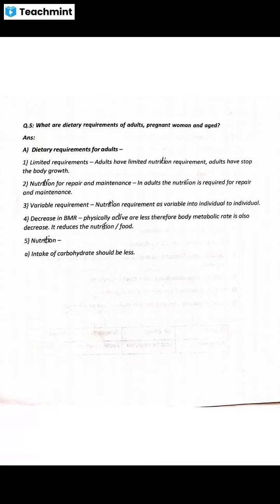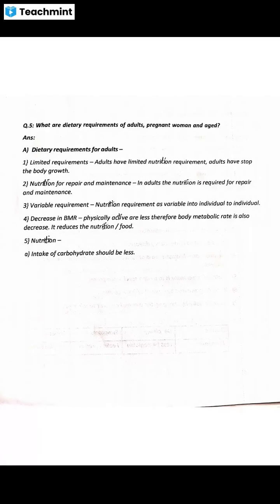If physical activity is less, then the body's metabolic rate will also decrease. If BMR is decreasing, then the body's metabolic rate is also decreasing. Okay, so physical activity is less, therefore body metabolic rate is also decreased, and it reduces the nutrition, or we can say that it reduces the food.